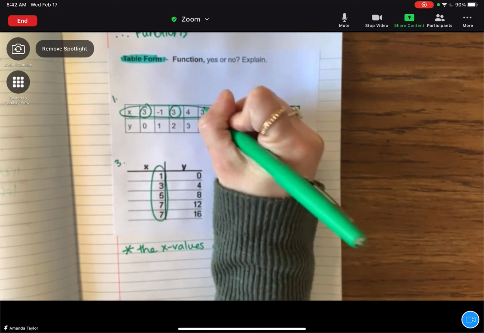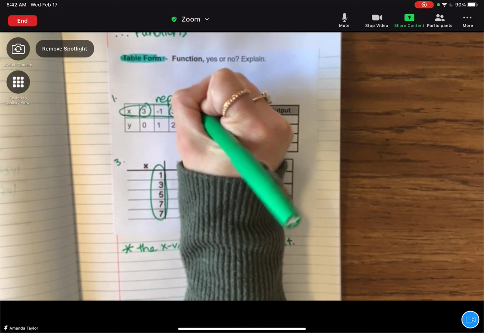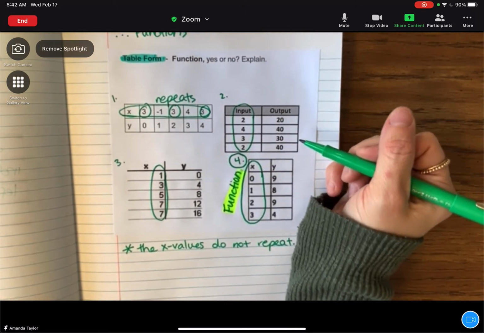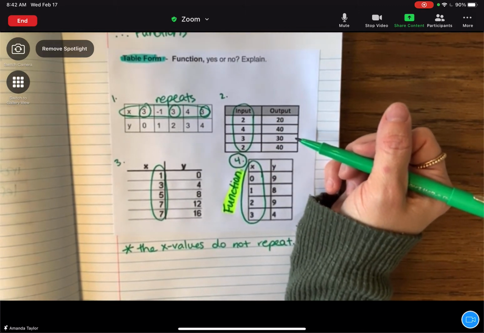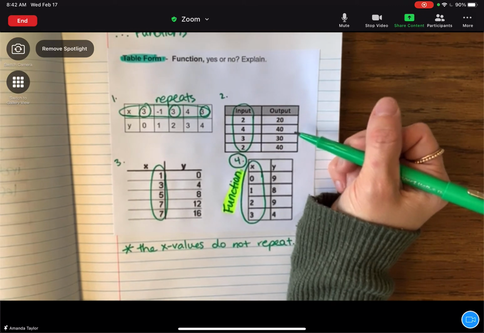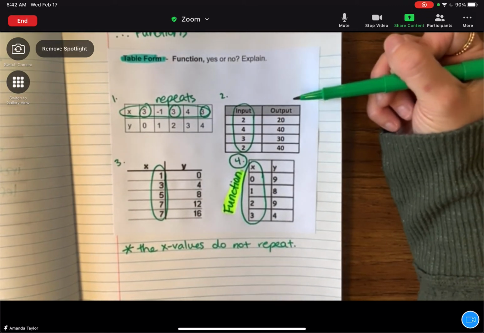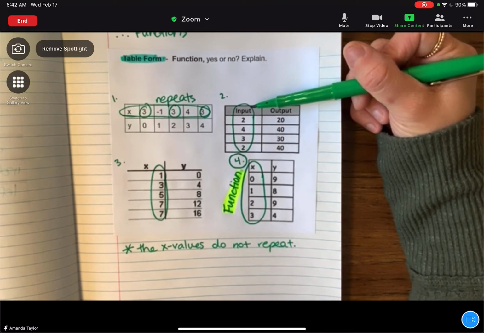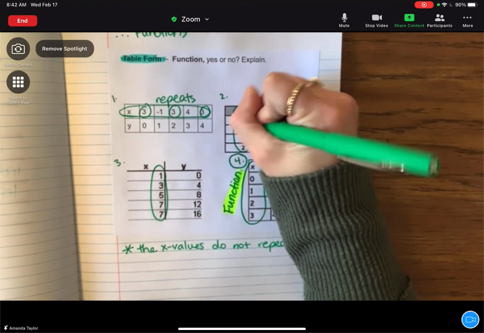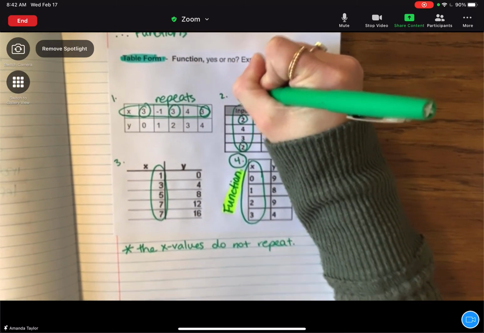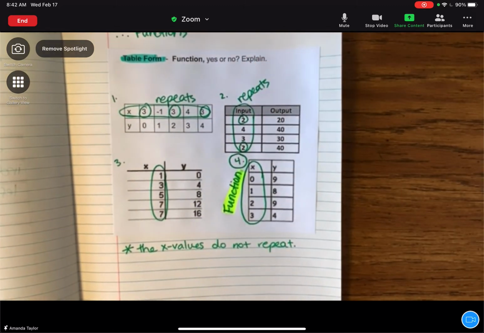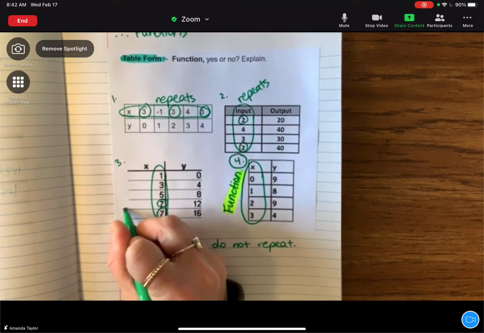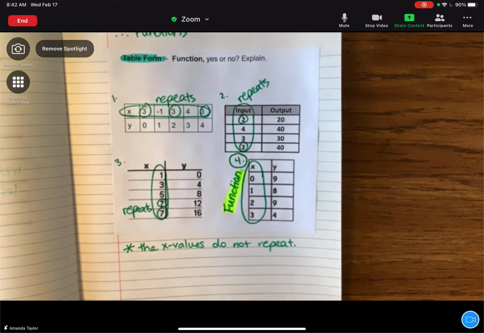Okay, those 3s repeat. In your notes, you should be writing this down. Number 2, this relation. What number repeats in the input? 2, right? So that 2 repeats. The x value repeats. And then on number 3, we got 2 7s down here, that repeats.